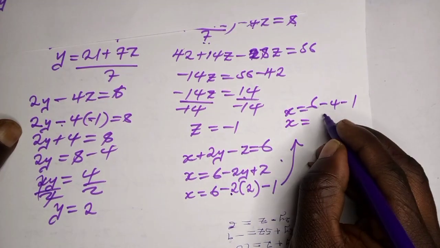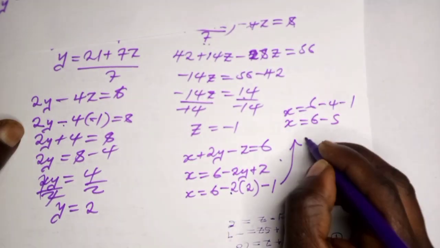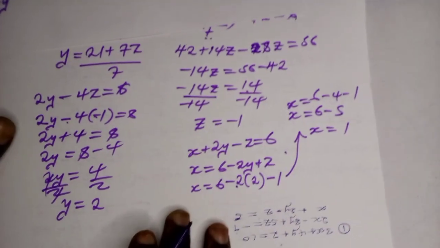And x equals 6 minus 5. Then x will be 1.